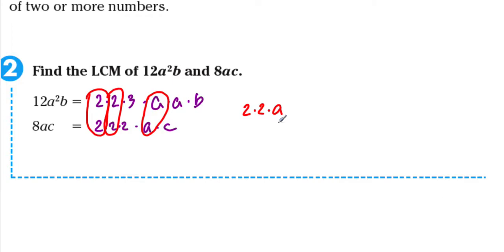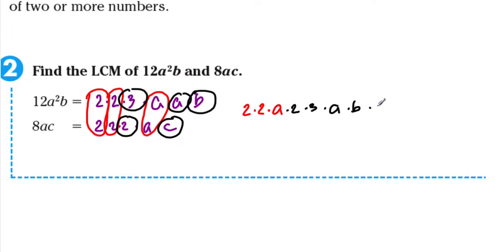That'll be the GCF, but we're not looking for the GCF. We're looking for the LCM. So what do we do next? Okay, so we get the factors that are not in common with the other number, which is 2, and then write it down there. Bring it down as well. That 3 as well. Okay, that another a. Okay, this b. And this c.